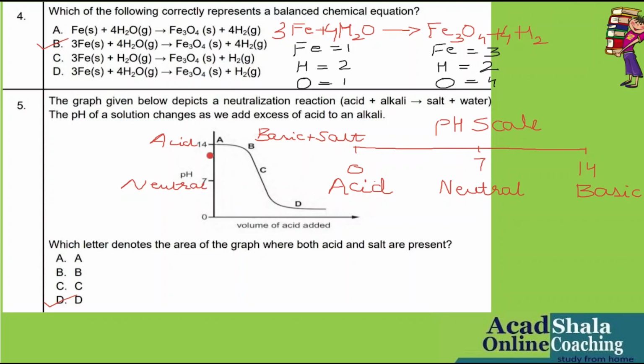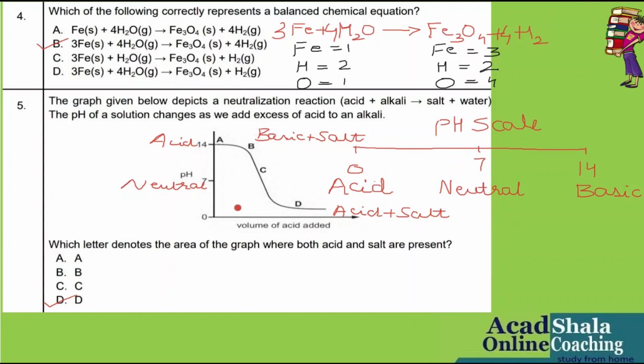Okay, now still the acid is keeping over there. That means we are adding acid, we are doing this job. So when we are adding acid and the graph is going down, that means it is acidic. That means this is acidic, acid plus salt. So when the graph is coming down, it is converting into basic, neutral, and then acid.